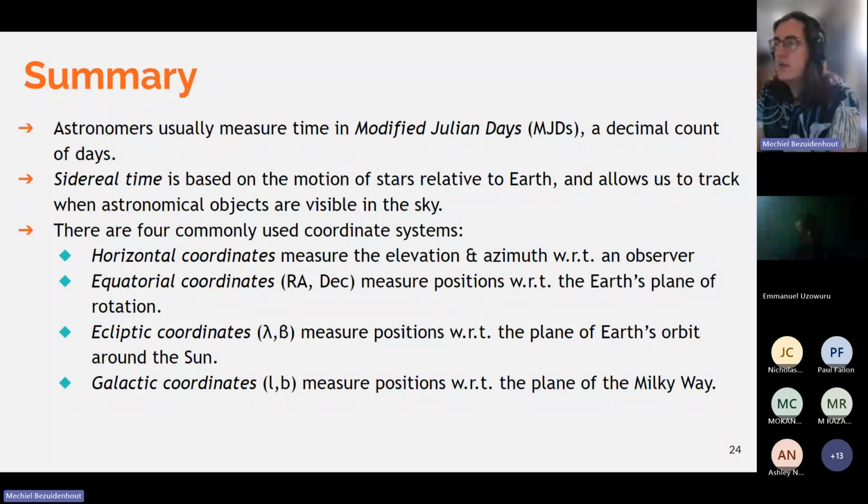And then there are four commonly used coordinate systems: horizontal coordinates, which measure the elevation and azimuth with respect to an observer; equatorial coordinates, RA and Dec, which measure positions with respect to the Earth's plane of rotation; ecliptic coordinates, lambda and beta, which measure positions with respect to the plane of the Earth's orbit around the Sun; and galactic coordinates, l and b, which measure positions with respect to the plane of the Milky Way. If you know those four coordinate systems and what they're doing, you're solid.